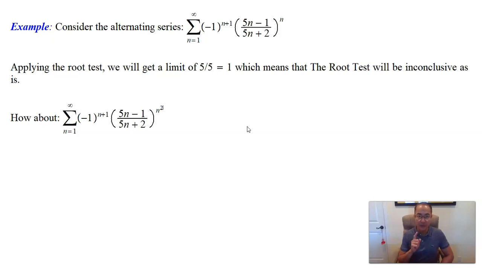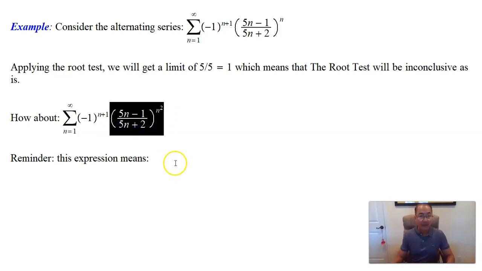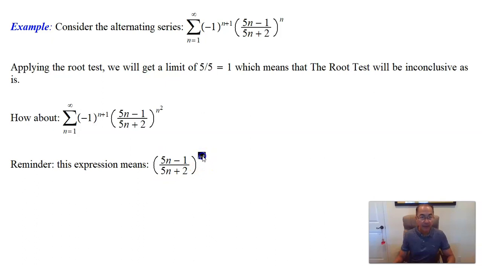Okay, so reminder, order of operations. This means that you compute the base, then you compute the exponent n squared, then you take the power. Okay, so maybe a reminder, this expression means, I'm going to copy it, and I'm going to put an extra pair of parentheses here.